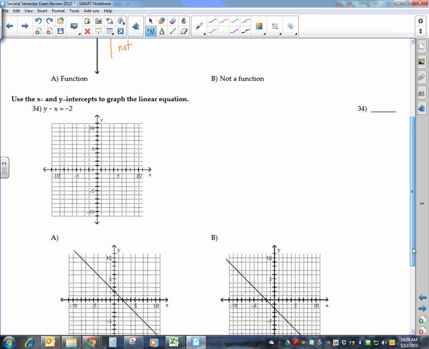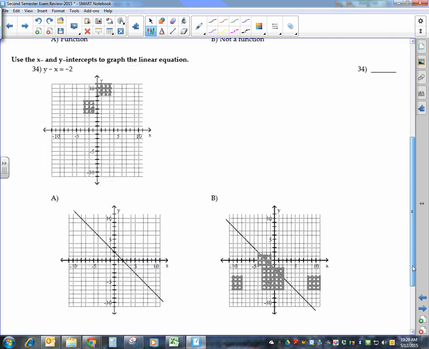34. Use the x and y intercepts to graph your equation. If you remember when we did x and y intercepts, an x-intercept is when y is 0, and a y-intercept is when x is 0.